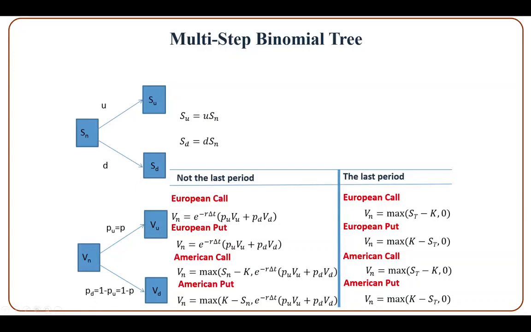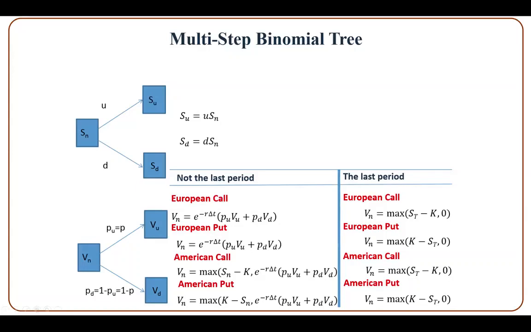the value of the European call or put is the expected value in the following period, discounting back by one period. The formula for the American call and put are a bit more complex because they can be exercised anytime.